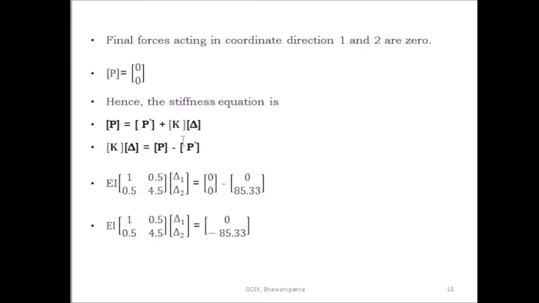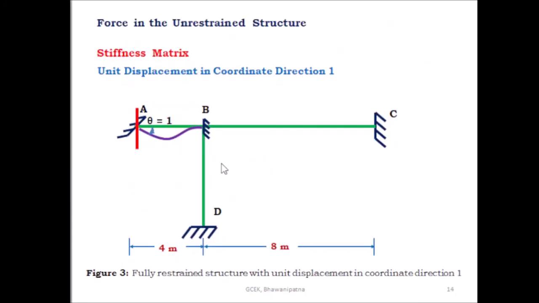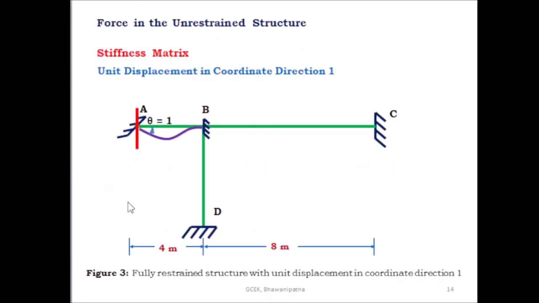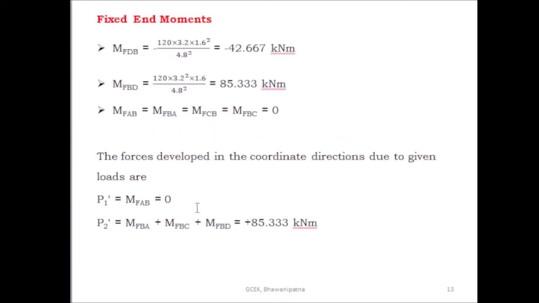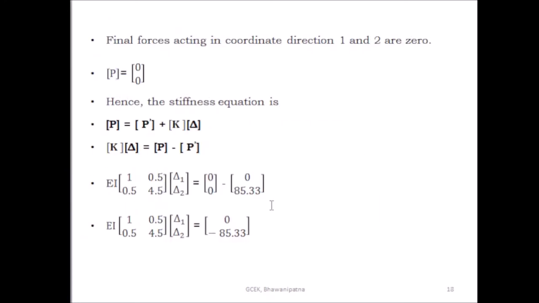So these are the forces at the coordinates due to the given loading. Already you got this P dash. P dash is equal to P1 dash, P2 dash, a column matrix: 0 and 85.33.